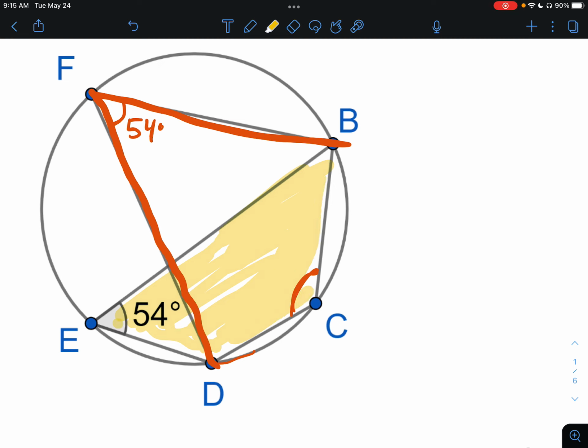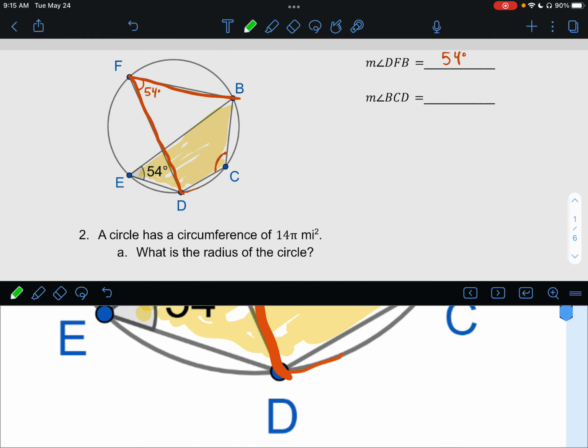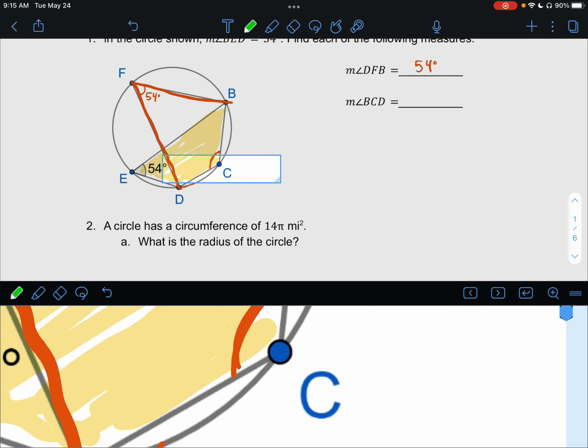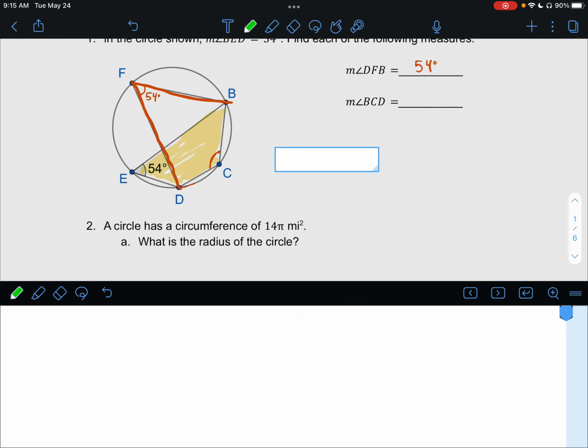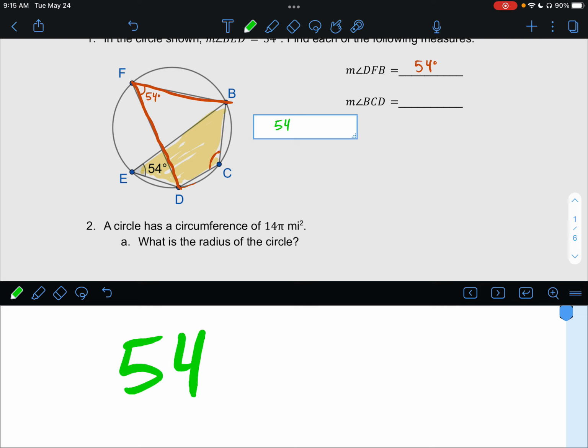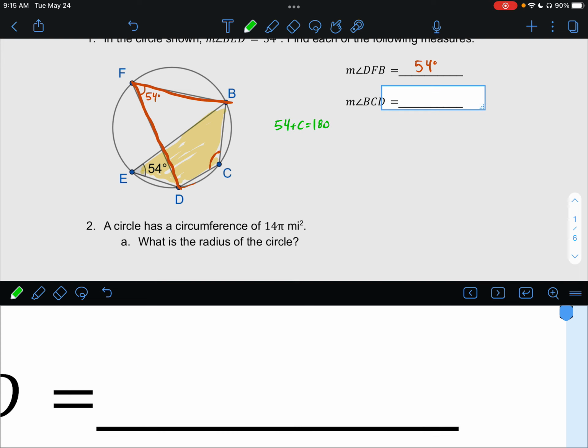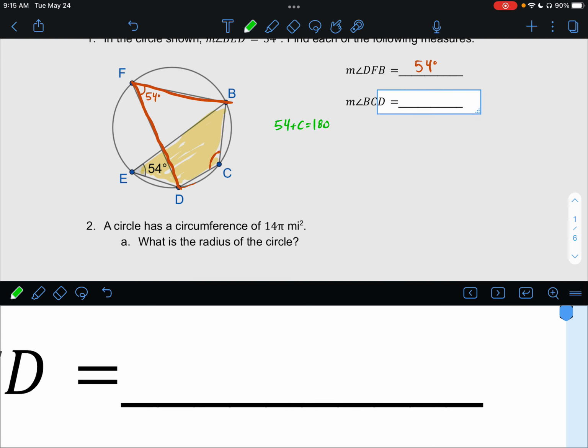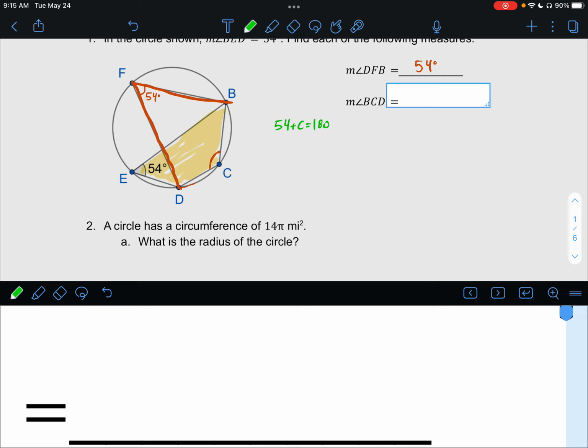Two angles across from each other in the same inscribed quadrilateral have to be supplementary, which means the measure of angle E, 54, plus the measure of angle C, which we don't know, has to equal 180. So 54 plus C equals 180, subtract 54 from both sides, and the measure of angle BCD has to be 126 degrees.